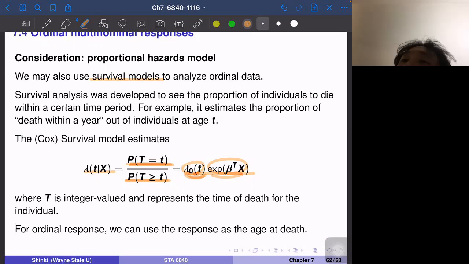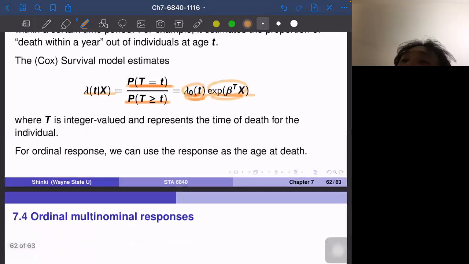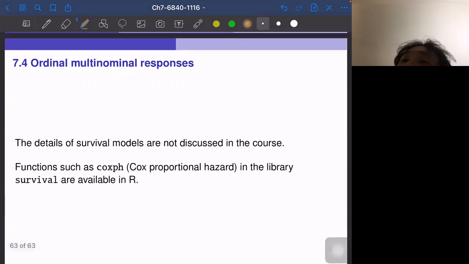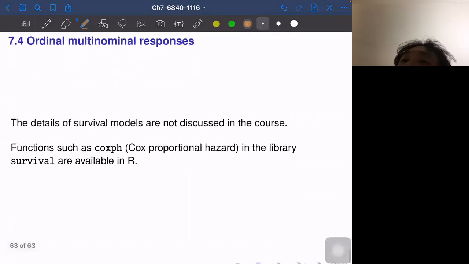The textbook's explanation of the proportional hazards model is kind of weird. It's just introduced in the middle of the section, and without any examples, they skip to another topic. So this textbook does not discuss this model, and we don't discuss it either.